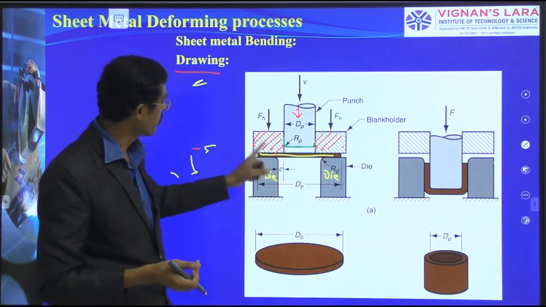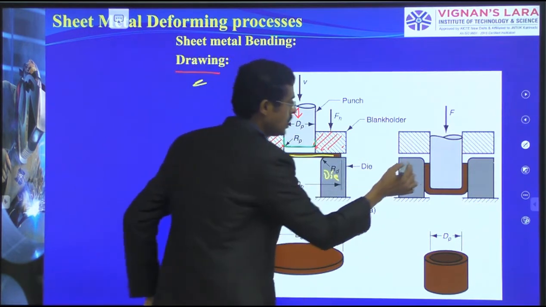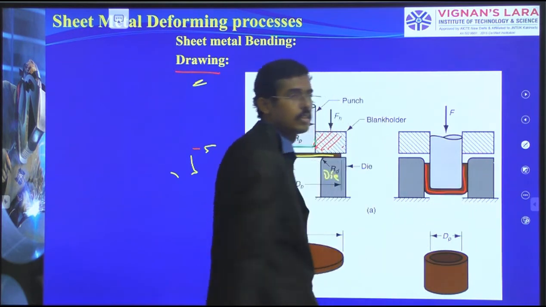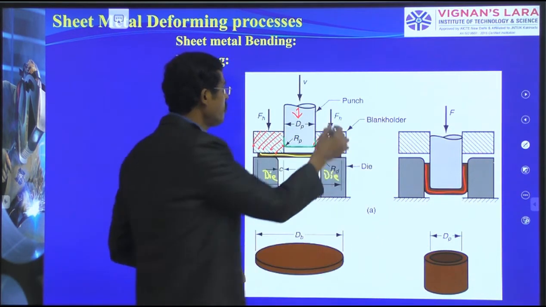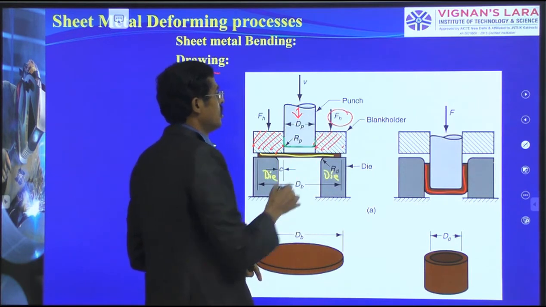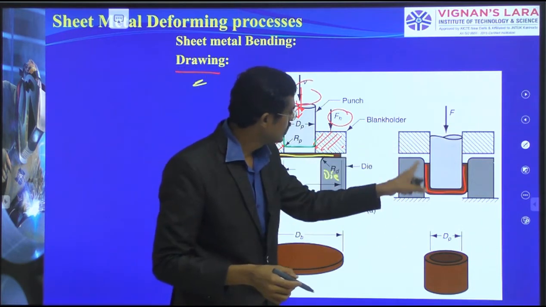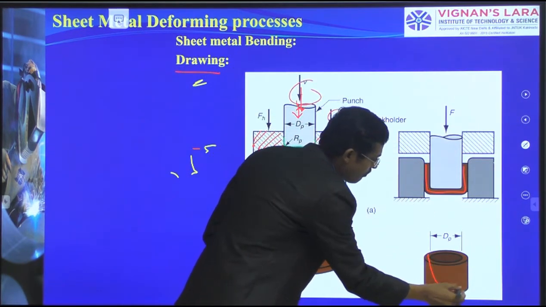From this action you see here, it forms the cup. I am permitting this blank holder force FH, given here, which is different. Slowly the material is taken and converted into the cup format.